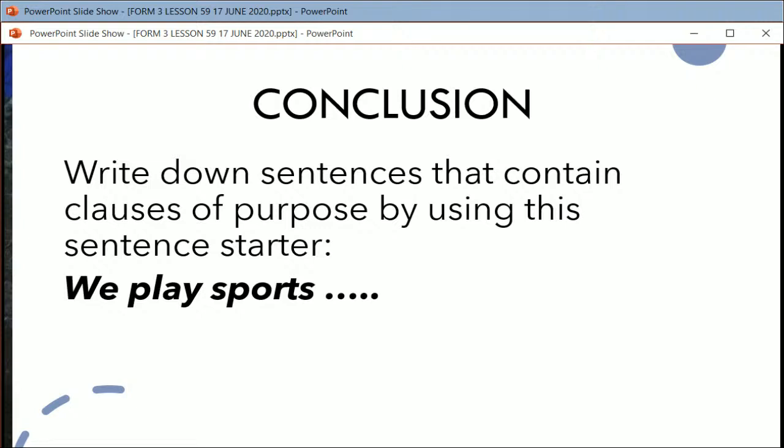Right. We play sports for fun. Good. I'm so happy to see your sentence. We play sports for fun. You don't have to have the word "have" there. Okay. We play sports in order to widen your knowledge. Okay, in order to widen our knowledge, because you have "we," your pronoun must go hand in hand with your subject.